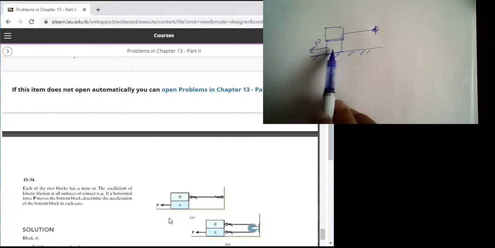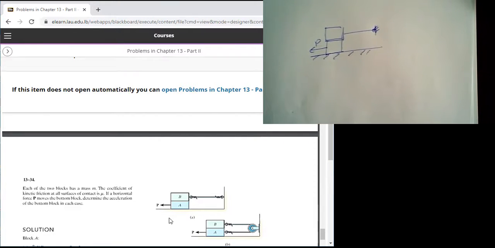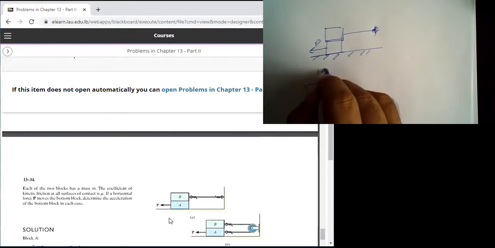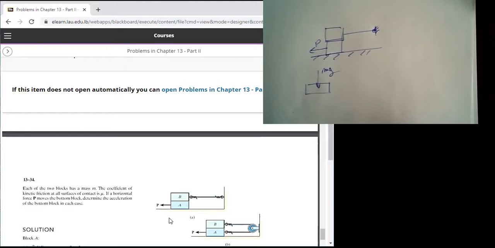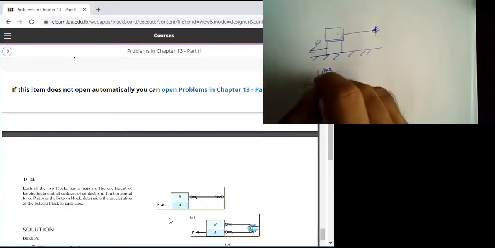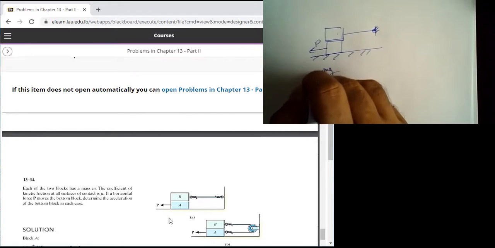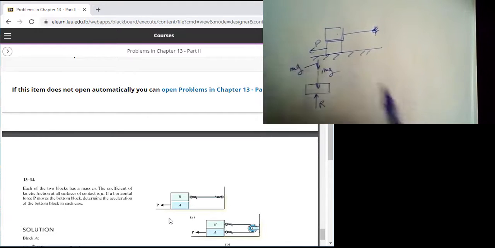We need to find the acceleration of this block. So we have mg and its reaction. And there's also the weight of the block on top of it. Yep, exactly. So we have another force on top. Excellent. And there are two frictions, one from the ground and one from the block on top.